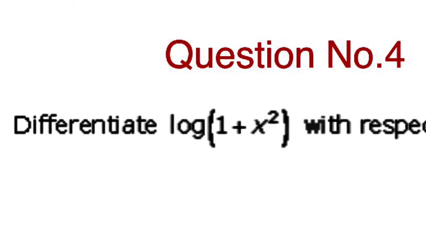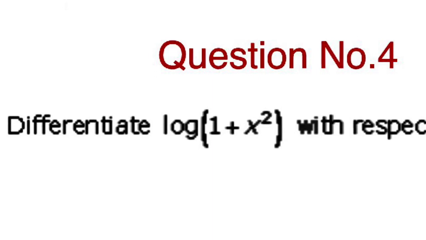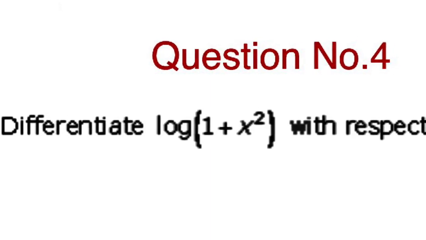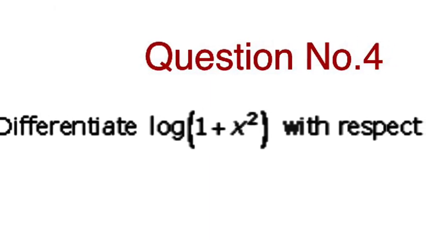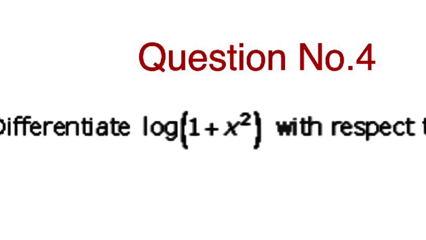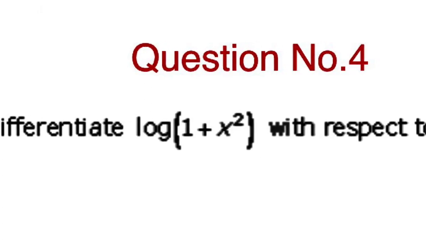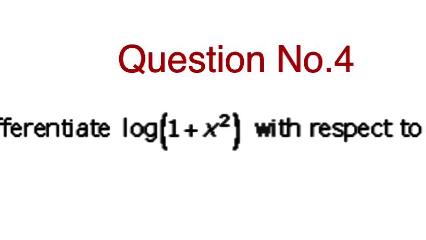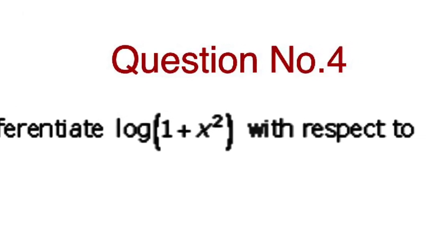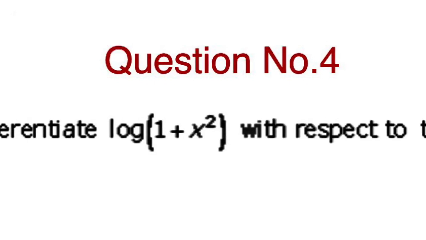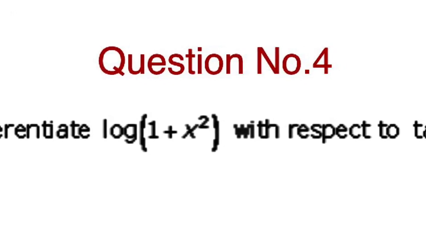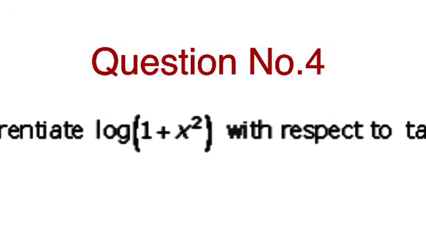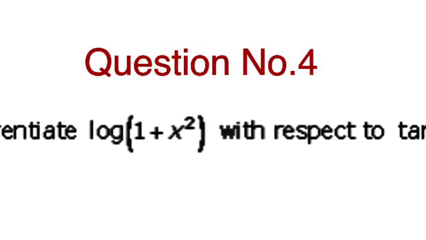Question number 4. Differentiate log of 1 plus x square with respect to tan inverse of x. In this question we will consider log of 1 plus x square as u and tan inverse of x as v.